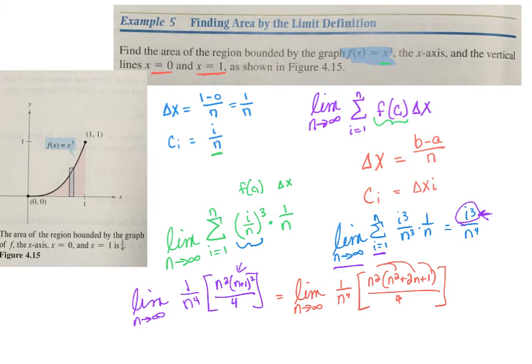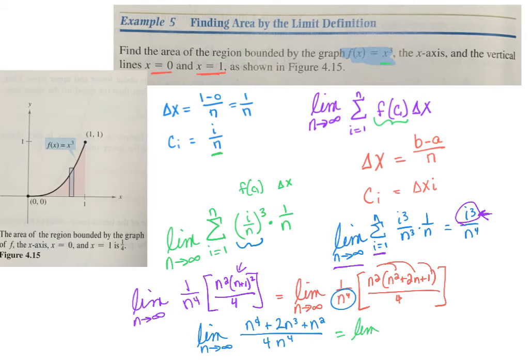So we're still doing limit. And I'm just going to put all of it over n to the 4th real quick. So I'm going to say n to the 4th plus 2n cubed plus n squared over 4n to the 4th. So far, so good? So you just distributed that. I'm going to simplify these guys here.